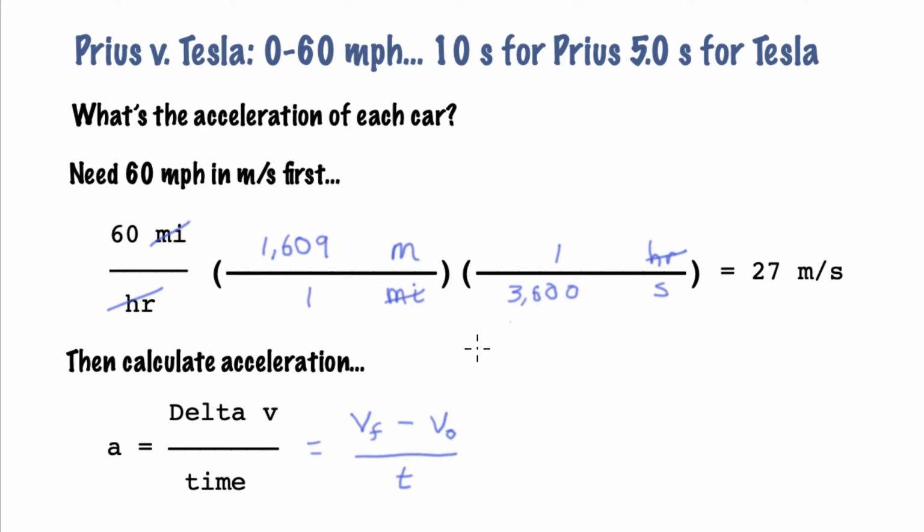In this case, the final velocity is 27 meters per second, and the initial velocity happens to be 0, because both cars start from rest. So to get the acceleration of the Prius, you take 27 meters per second and divide it by the time it took to make that change, which was 10 seconds.